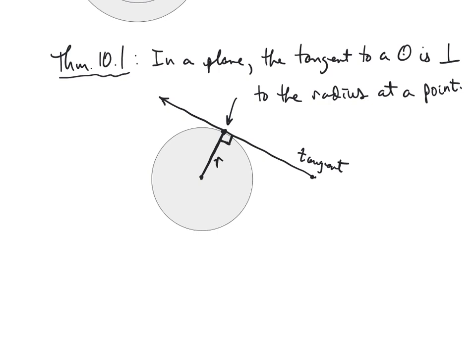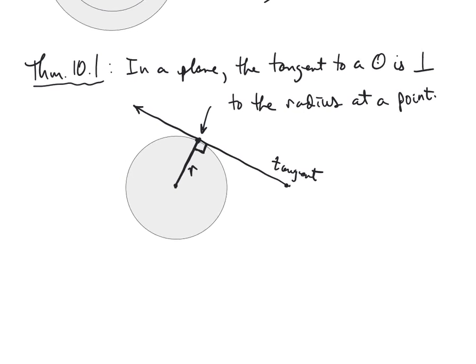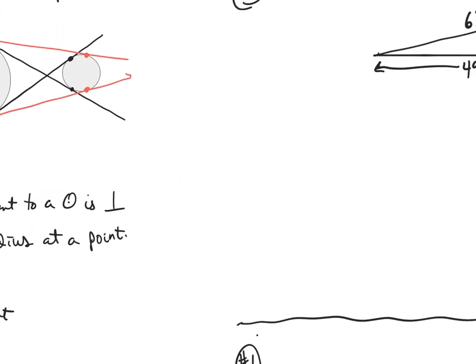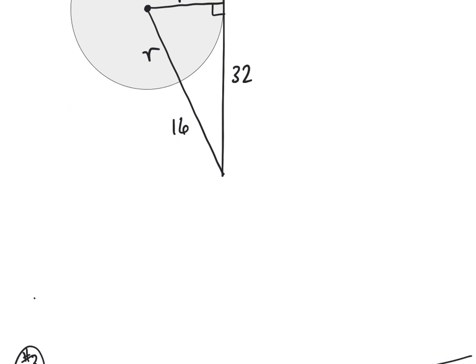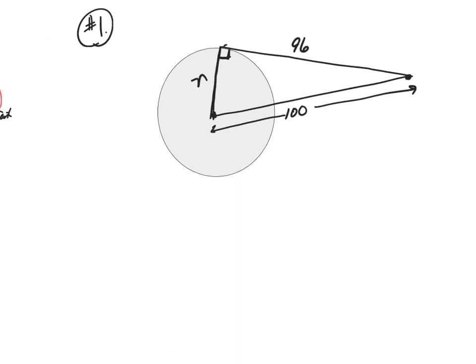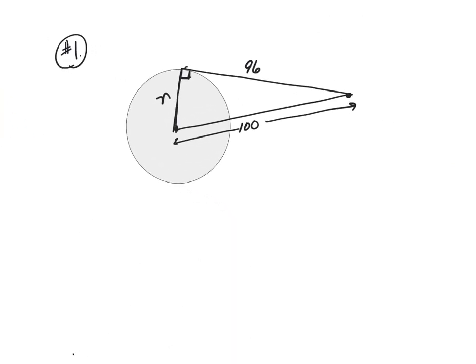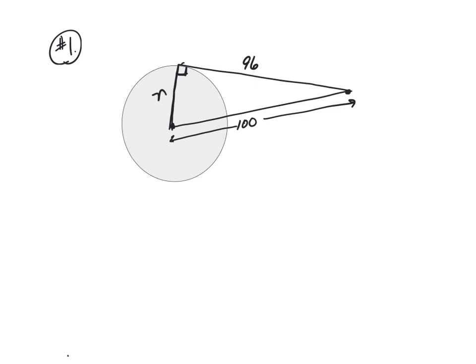And then we'll have some relatively easy numerical problems that go along with that theorem. And again, feel free to pause the video if you need to jot down that theorem or the diagram. But previously I've written out a couple of numerical problems where we can use theorem 10.1.